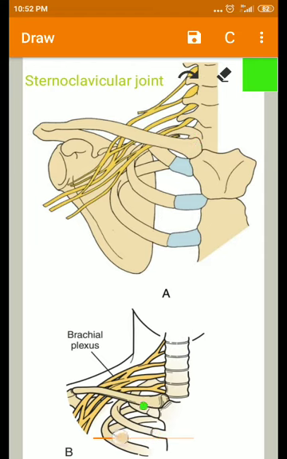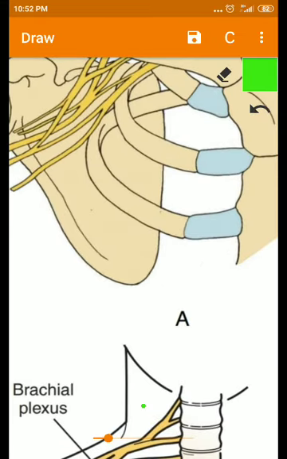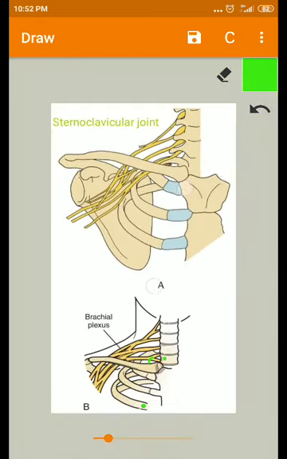Here you can see the medial side of the sternal end, which has some depression at the center, that is called concavity in the anteroposterior view, and it forms the medial end as a saddle shape. So it forms a saddle shape like this.